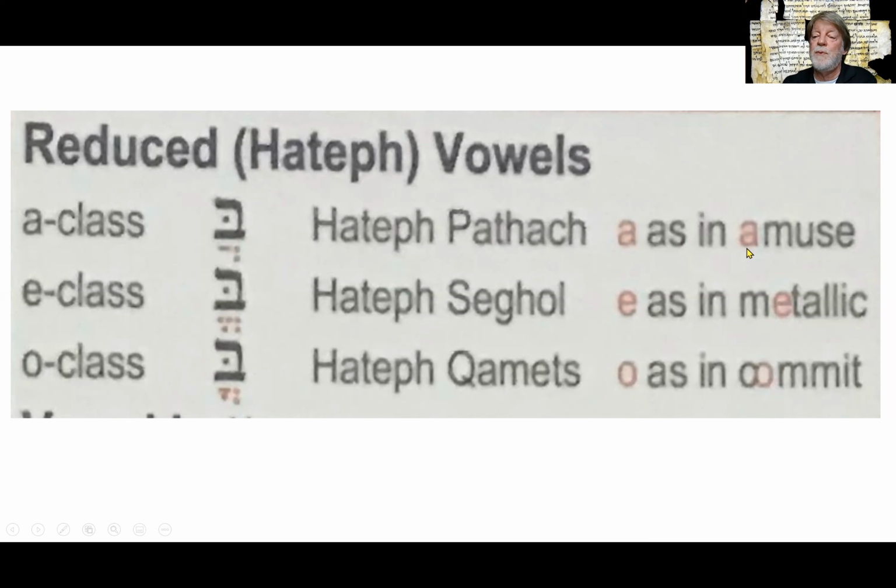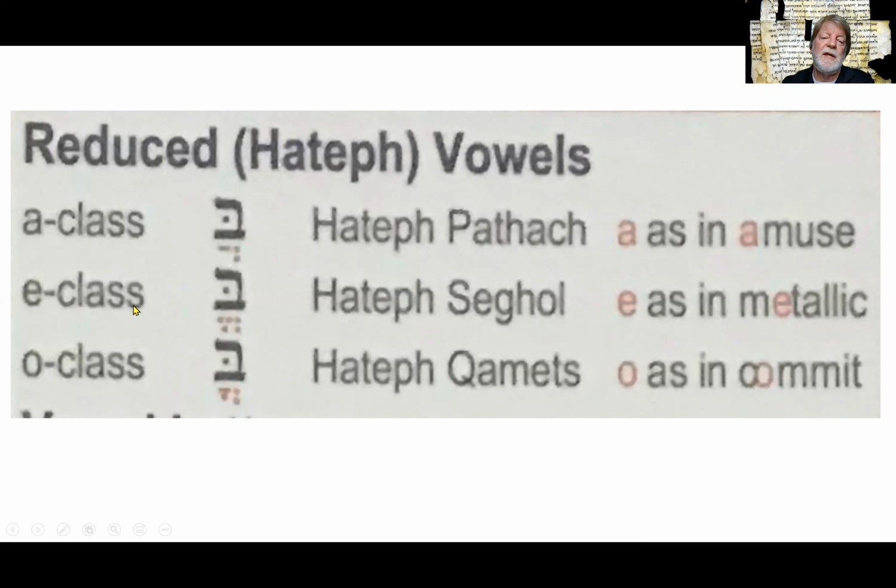Now when I pronounced amuse, I shortened the A sound where it almost sounds like a U sound. So that's the whole idea of shortening it with a shva. In other words, we want to get quickly to the consonant that follows this vowel so we can put the emphasis on the consonant instead of this vowel that comes before it. We'll give you plenty of examples in that.